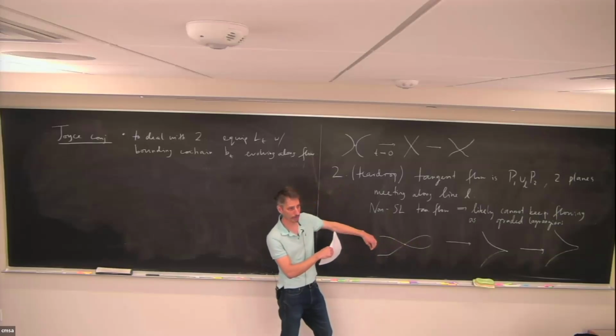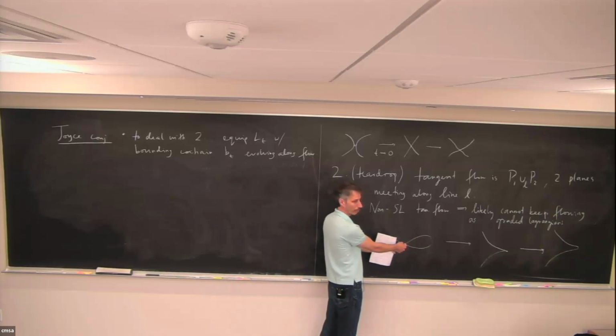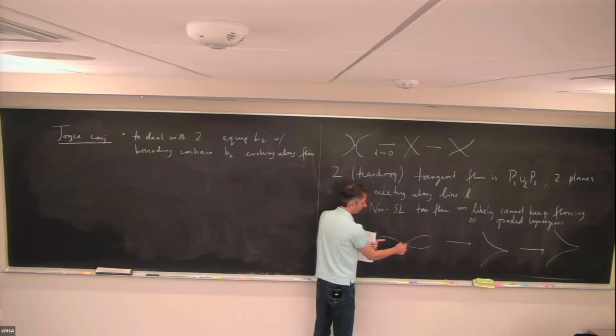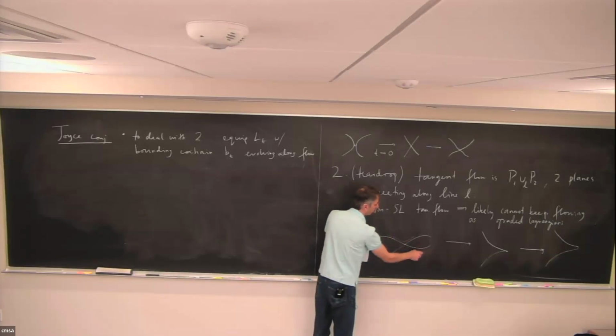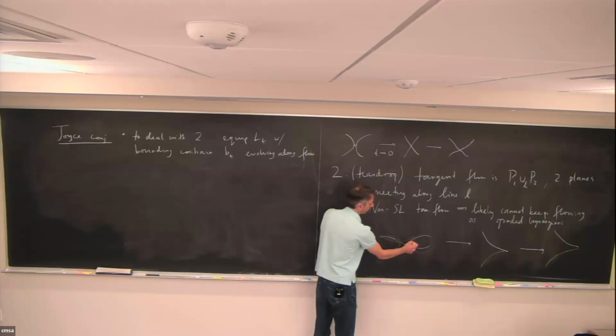And then he proposes some surgery construction. Anytime you have an immersed point, you could flow out of this picture in different ways. Instead of keeping it immersed, you could decide to flow like this, or you could continue like this.